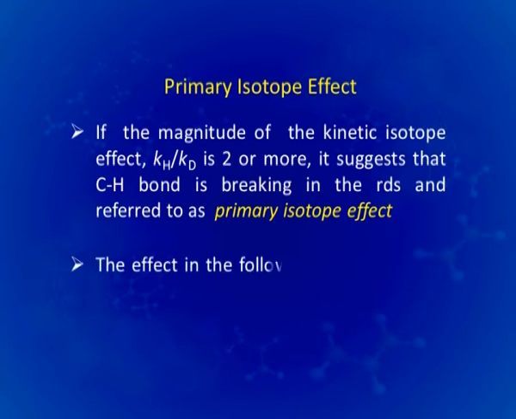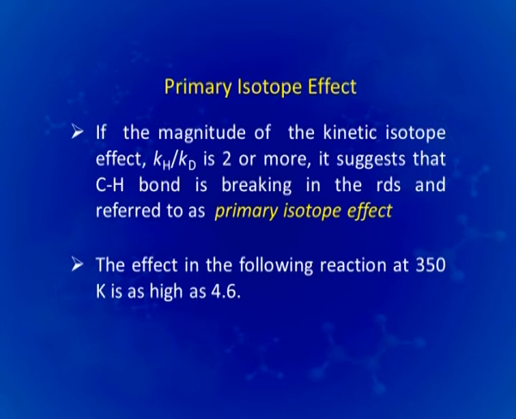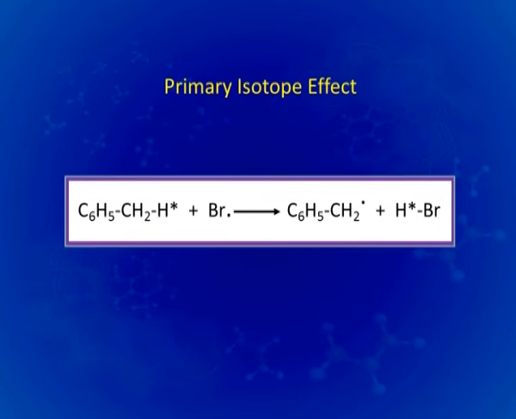The effect in the following reaction at 350 K is as high as 4.6, and as you can see, this is a halogenation reaction wherein the isotope of this hydrogen is used, and this clearly shows that in the rate determining step, this C-H bond or the C-D bond is the one which is breaking, showing a primary isotope effect.